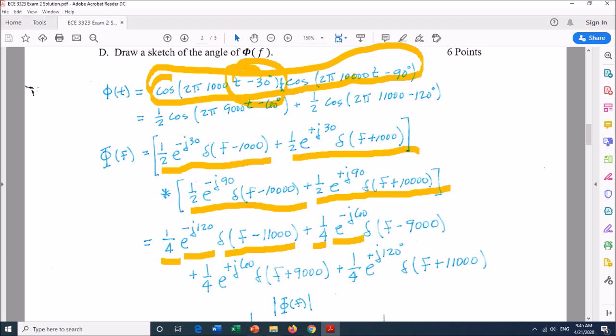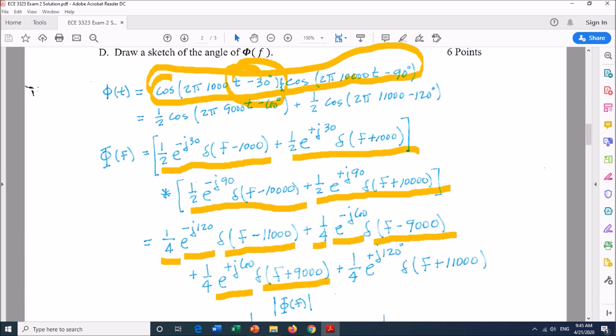Then f minus 10,000 plus 1,000 gives delta f minus 9,000. Then for the third one, 1/2 times 1/2 is 1/4. E to the plus j90 times e to the minus j30 is e to the plus j60, and then plus 10,000 minus 1,000, that's delta f plus 9,000.